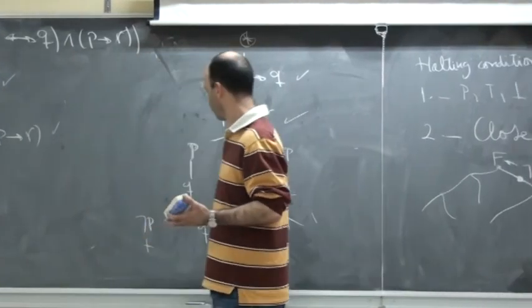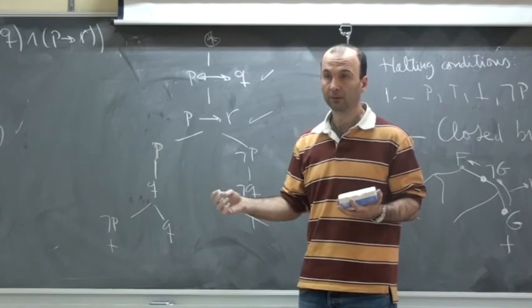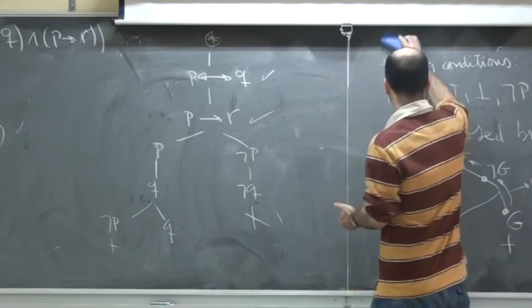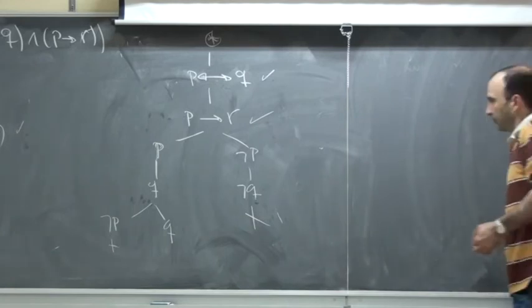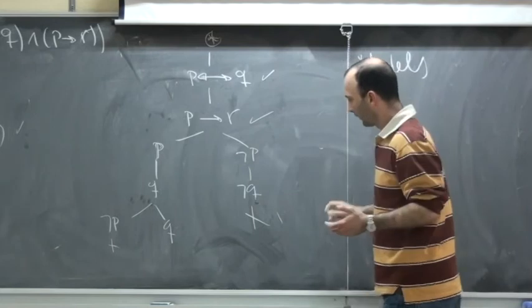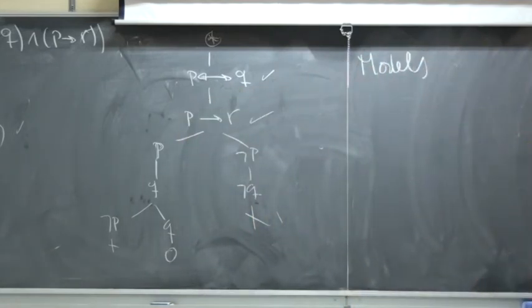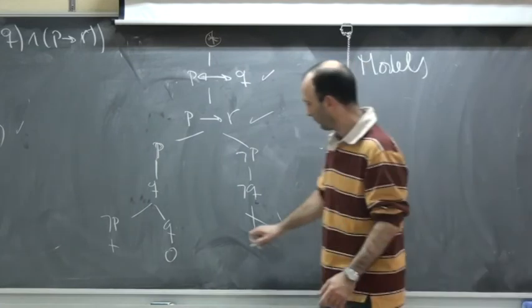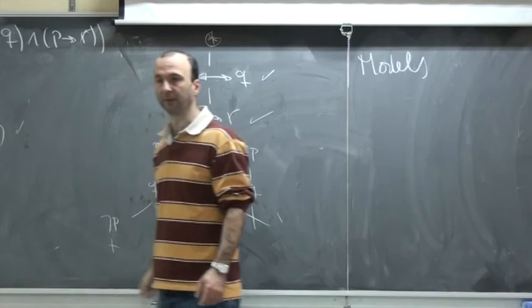Q. Okay. So I want to get the models. I just locate my open branches and I go from the leaf to the root and see what happens.